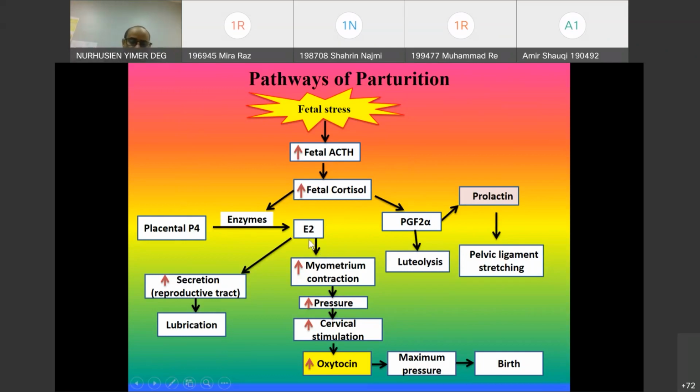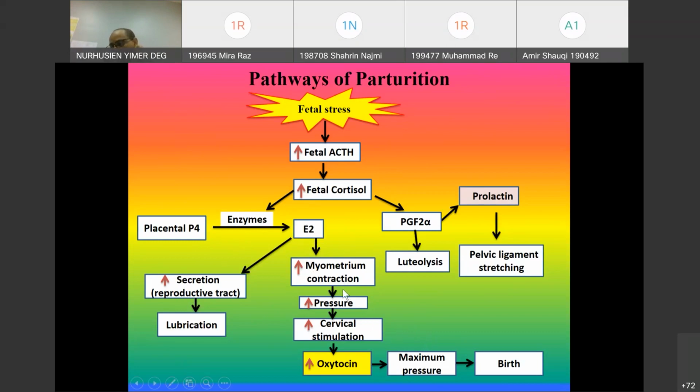On the other side, this same estrogen will have an impact on the secretion of fluid along the birth canal. This mucus secretion is basically important to lubricate the birth canal, all right? So that lubrication is also very important during the delivery process. That is, again, contributed by the estrogen converted from the progesterone.